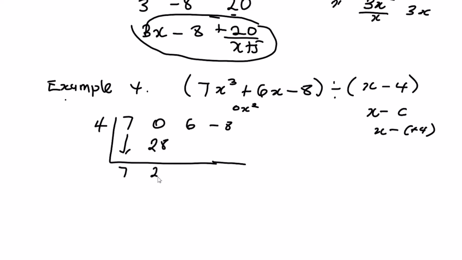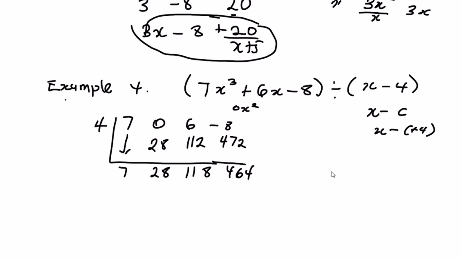You add, you get 28. 28 times 4, you get 112. You add, you get 118. 118 times 4 will give you 472. You add, you get 464. So in this case too, the remainder is not 0.